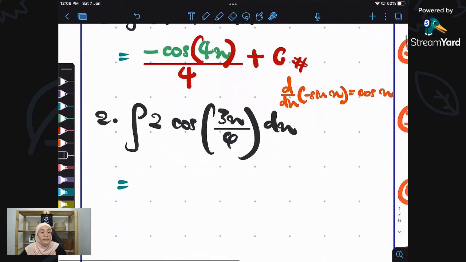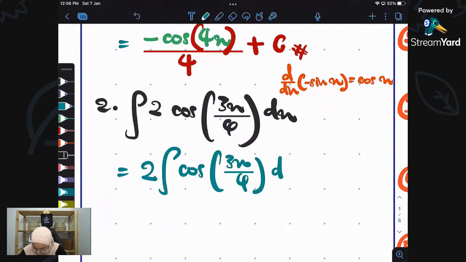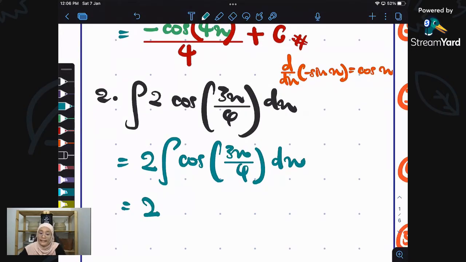Let's go to the second example. Integrate 2 cos 3x over 4 with respect to x. And then I put the number 2 outside. I will get this, so I have a single cos inside the integration, and the number 2 stays over there. Nothing to do with it, leave it there.